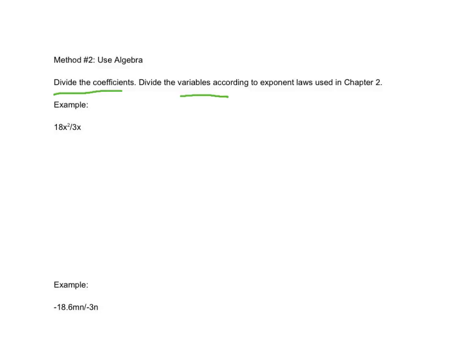So the coefficients here, we've got 18 and 3, so we divide out the coefficients. 18 divided by 3 is 6. X squared divided by x. Remember our rule for dividing variables that have a common base is simply subtracting the exponents.